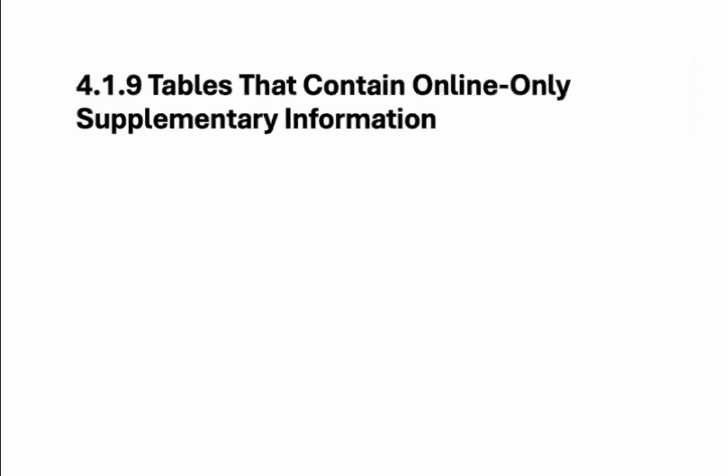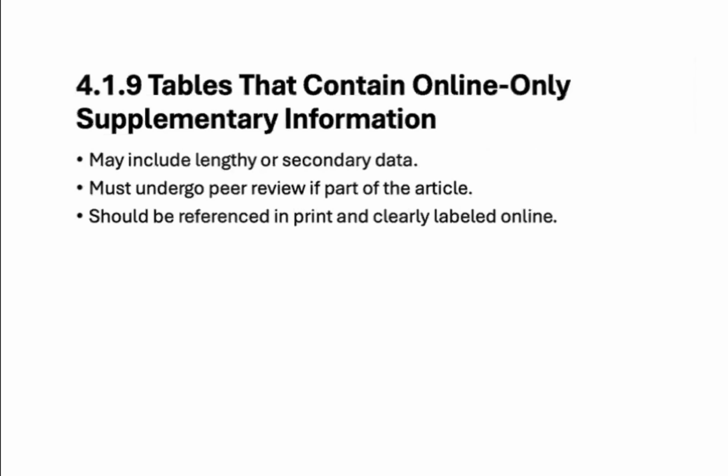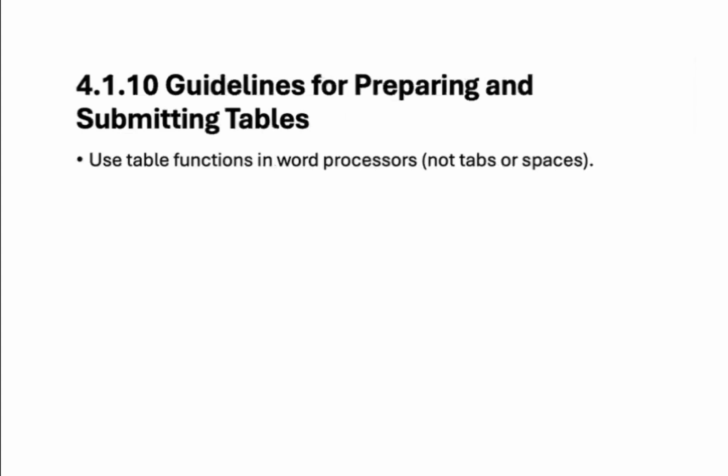4.1.9, tables that contain online-only supplementary information may include lengthy or secondary data and must also undergo peer review if that's part of the article. It should be referenced in print and clearly labeled online. 4.1.10, guidelines for preparing and submitting tables. Use table functions in word processors.